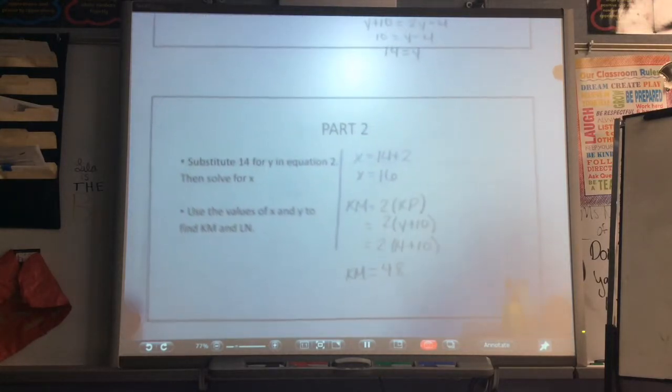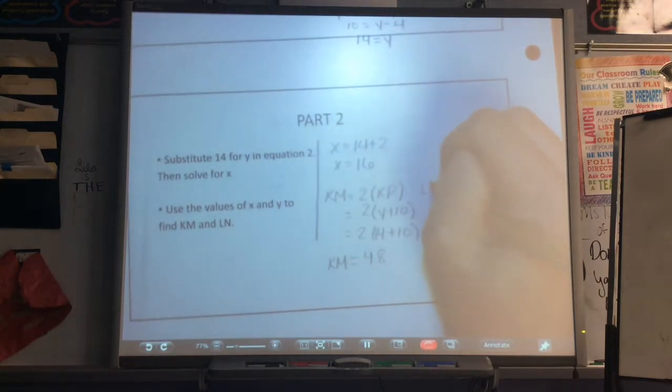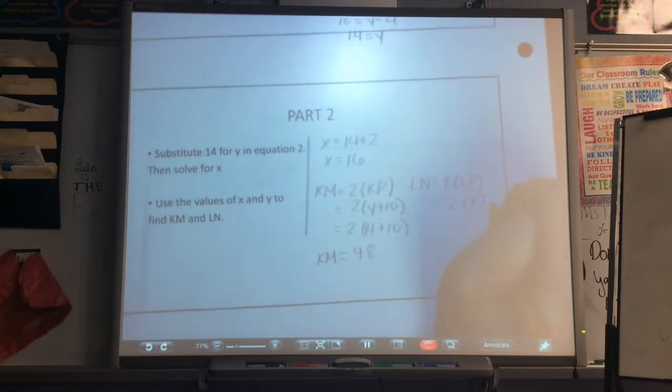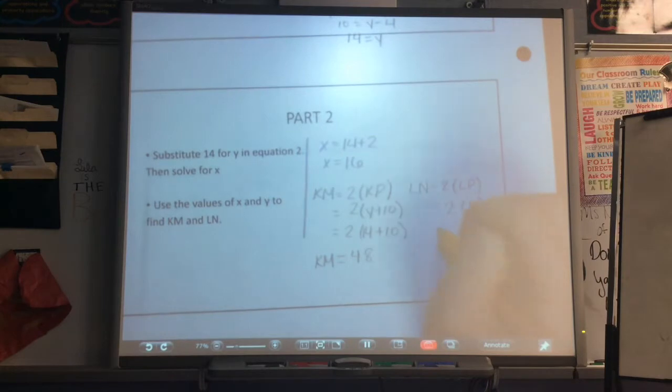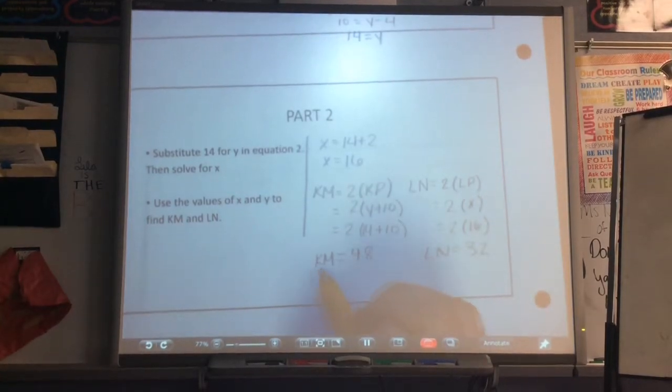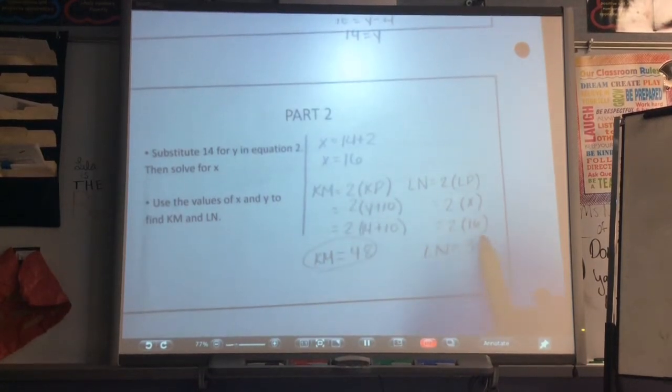Next, we're going to find LN. We know that it is 2 LP. So it'll be 2x, and we know that x is equal to 16. So we're going to substitute 16 in. And now we know that LN equals 32. So these are our answers. KM equals 48, LN equals 32.